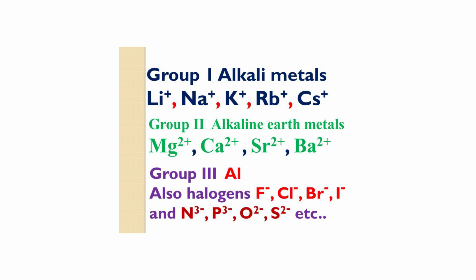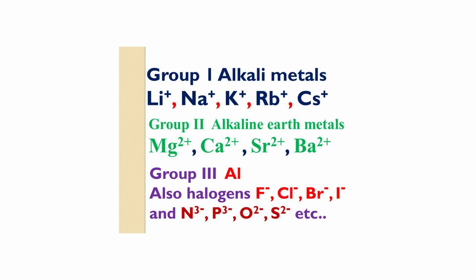Similarly, group 2, alkaline earth metals show ionic bond, that is Mg2+, Ca2+, Sr2+, etc. Students, which are the groups which show ionic bond? First group elements, second group elements and group 3 elements. Group 3 mainly shown by aluminium. See the chart.